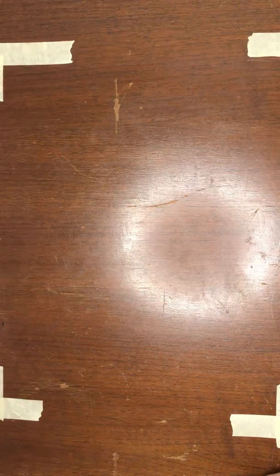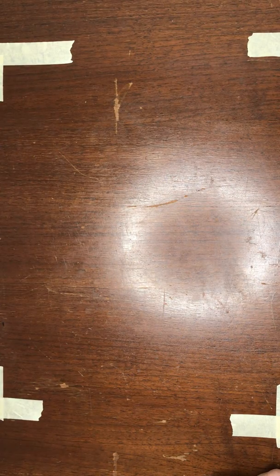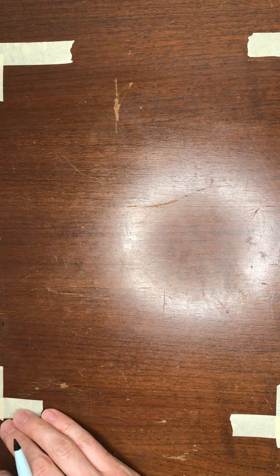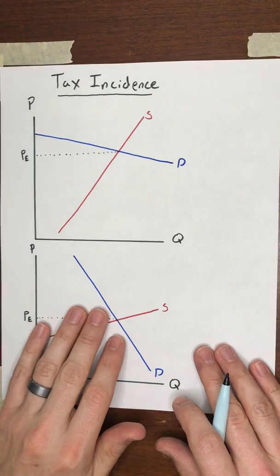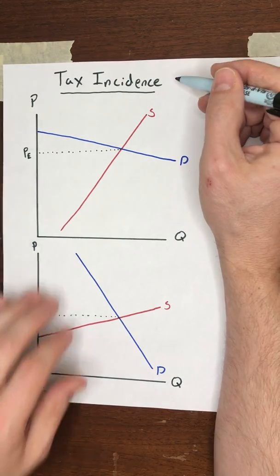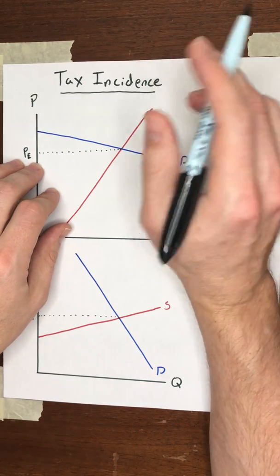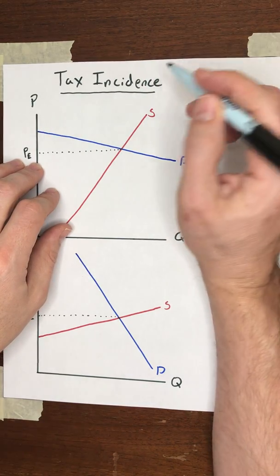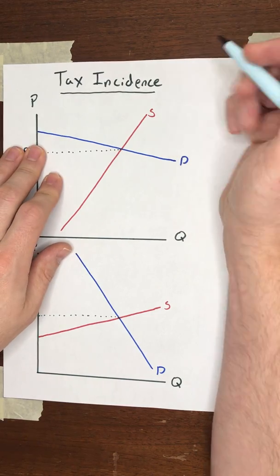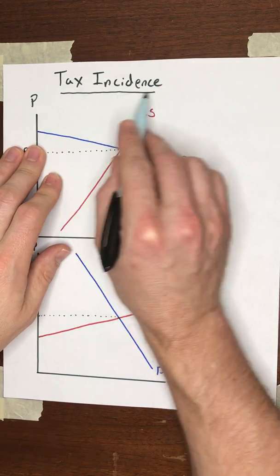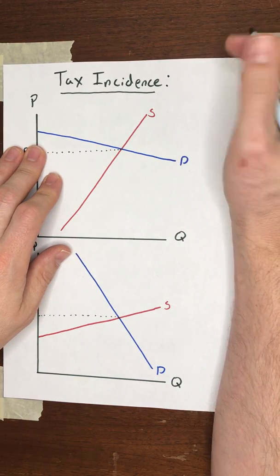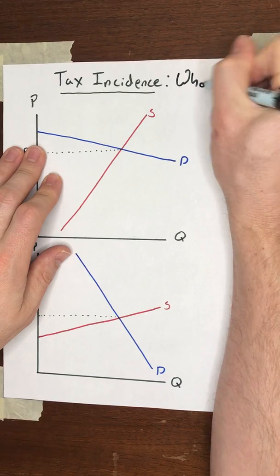All right? So let's move on. The next thing to think about is this notion of tax incidence. Cowan and Tabarrok use that term in their slideshows and videos, but I don't believe they ever actually define this term in the videos. And so what you need to understand about tax incidence is that it means who pays.